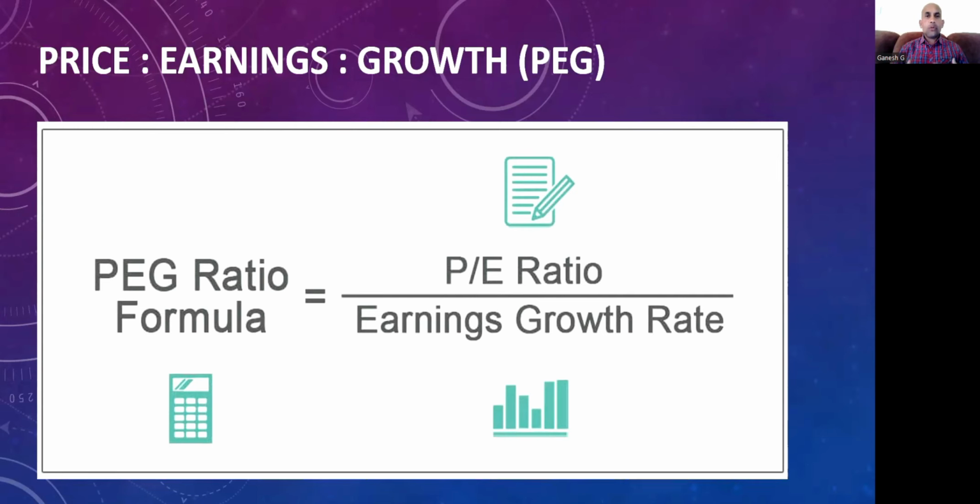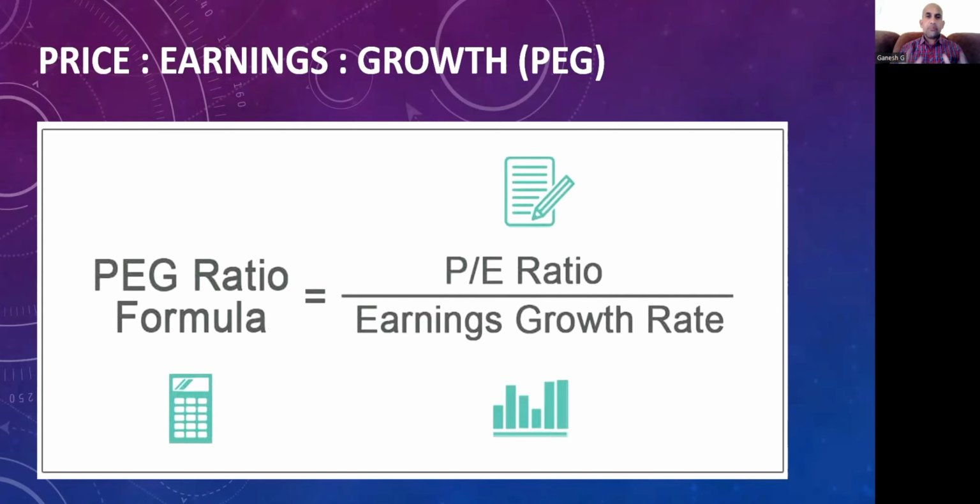Generally, how do you know whether a stock is lower valued, overvalued or expensive? Traditionally, people would look into the PE ratio. Any stock below 20 is considered a good value stock, and above 20 or 30 is considered an expensive stock.